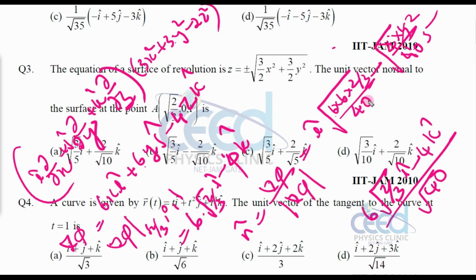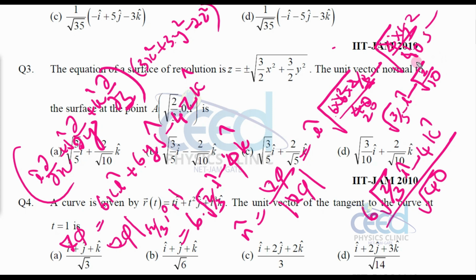And here we can simplify this, here it is 20, and this 3 and 6 cancel, that is 2. So what is remaining is root 3 by 5 i cap minus root 2 by 10 k cap.